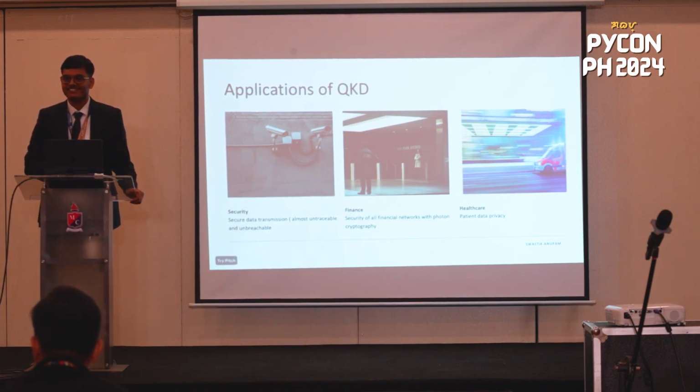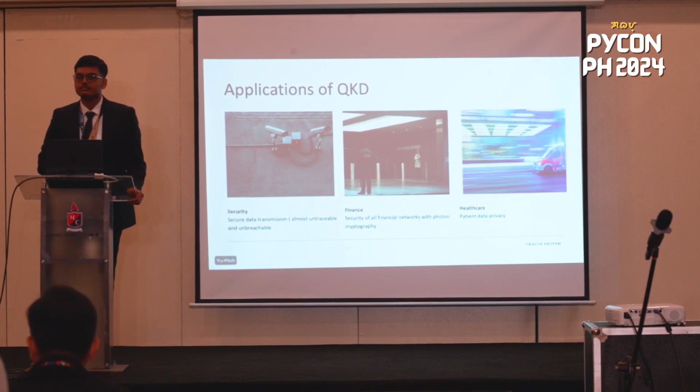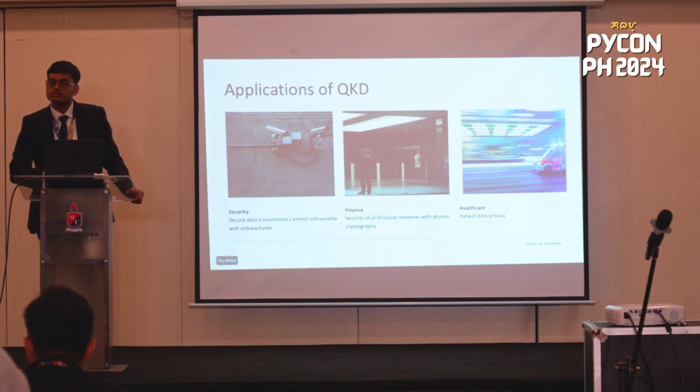Congratulations, Swastik. It's a wonderful project. With the emergence of AI, from predictive models to generative AI to conversational AI, if I am a hacker, why not use Qiskit and AI together and let AI do the hacking for me? Is that possible? You can use that, but you have to physically access the quantum channel.